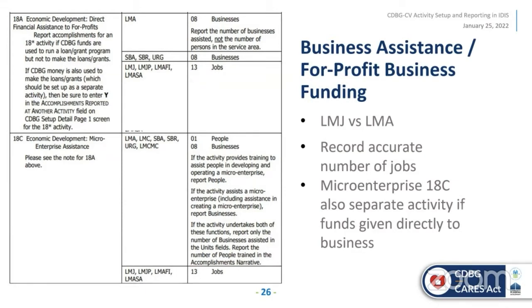And again, microenterprise for 18C can be either an activity that has direct financial assistance or not. And so that's another one that you could be doing, but again, you would usually have to be income certifying the small business owner.